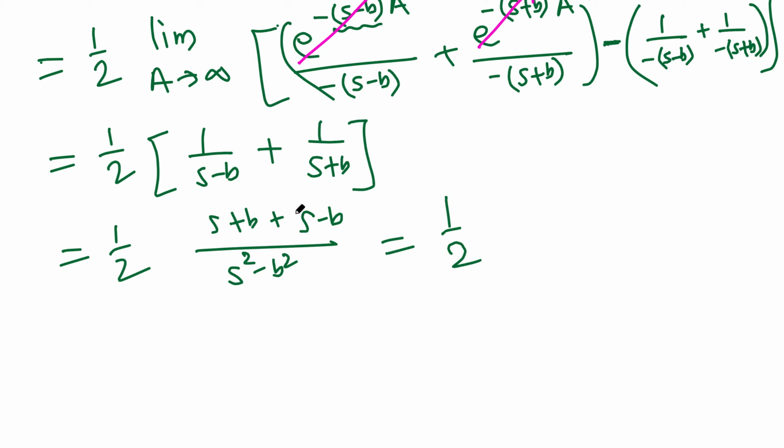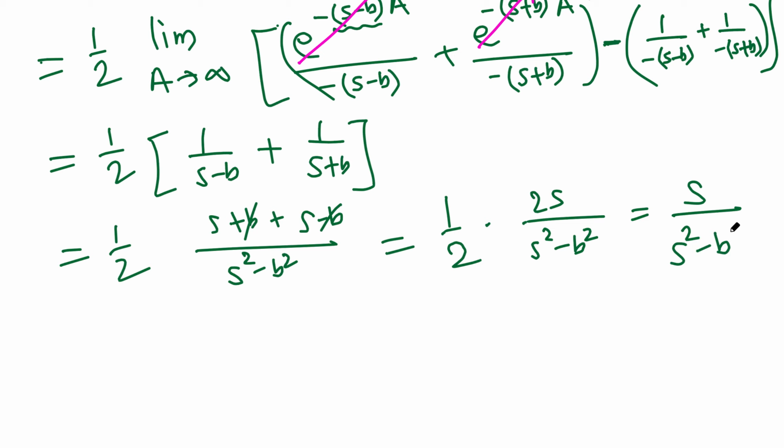The b's cancel, giving 1/2 times 2s over s squared minus b squared, and the 2s cancel, so we get s over s squared minus b squared, with the correct restriction. So this is the Laplace transform of hyperbolic cosine bt, final.